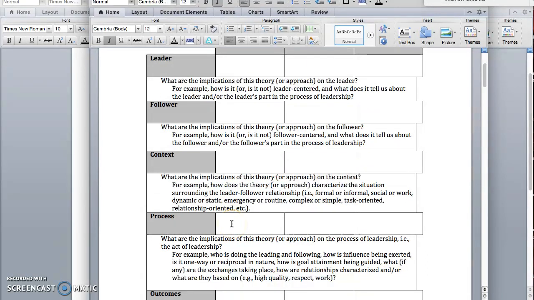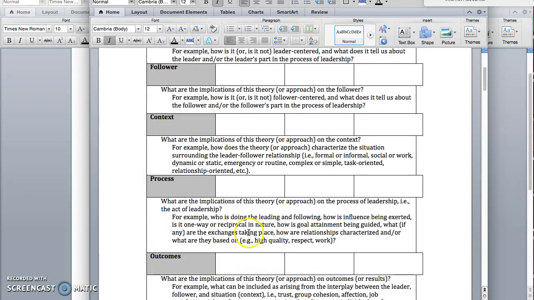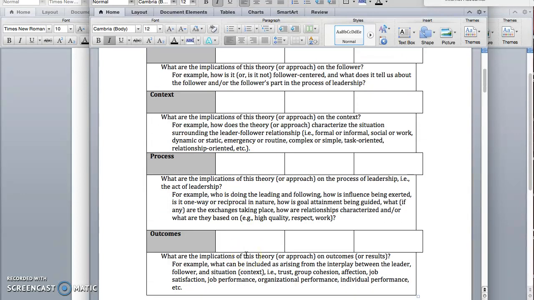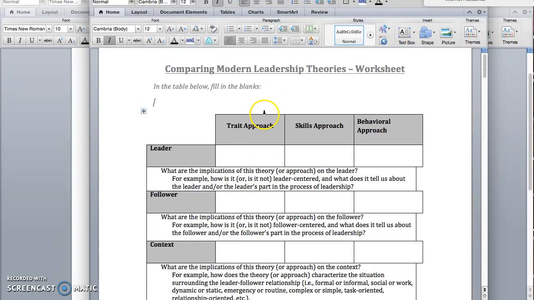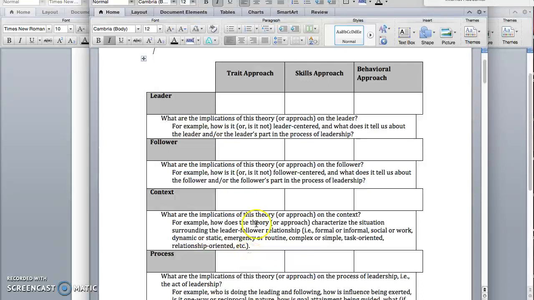The leader with those traits works, or the leader has different traits and therefore the process doesn't work, but it's about the personality of the leader and his or her characteristics. And then, of course, the outcome. The outcome is entirely dependent on what traits the leader has and how they use those. So that's how you would fill in this matrix for the trait approach, and you'll do that for each approach.